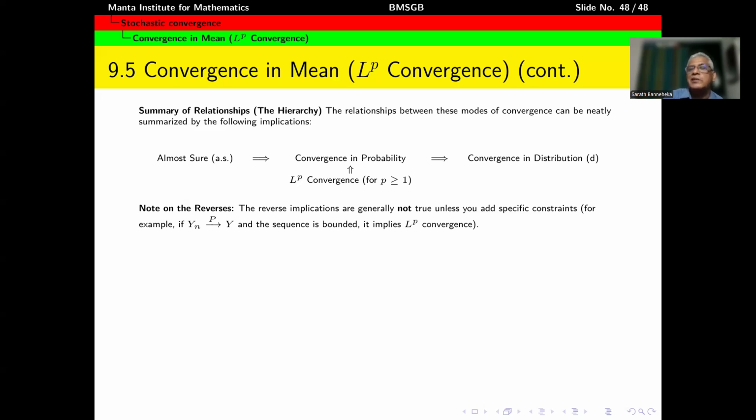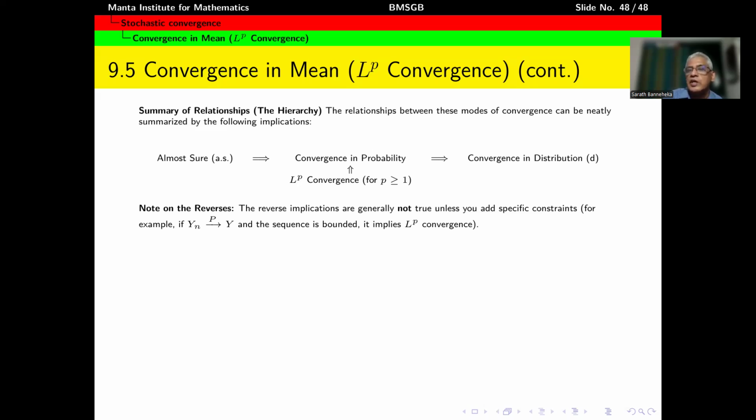Now we have completed the modes of stochastic convergence. We discussed several types of convergence, starting with everywhere convergence, which is not very practically useful to us. But then we discussed almost sure convergence, convergence in probability, convergence in distribution, and convergence in mean.